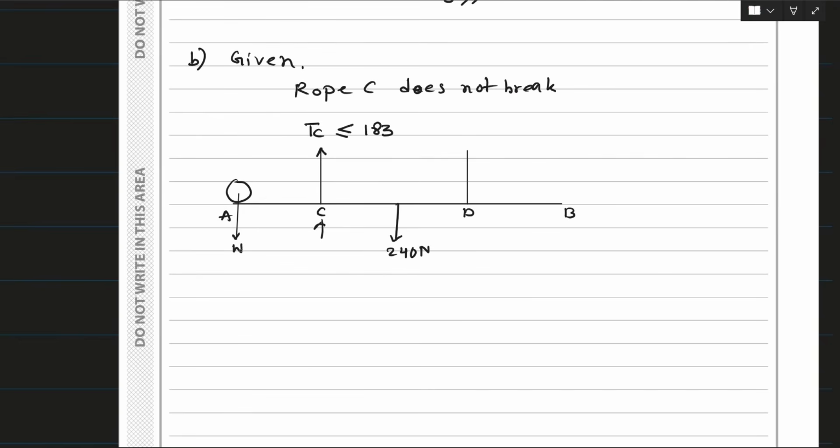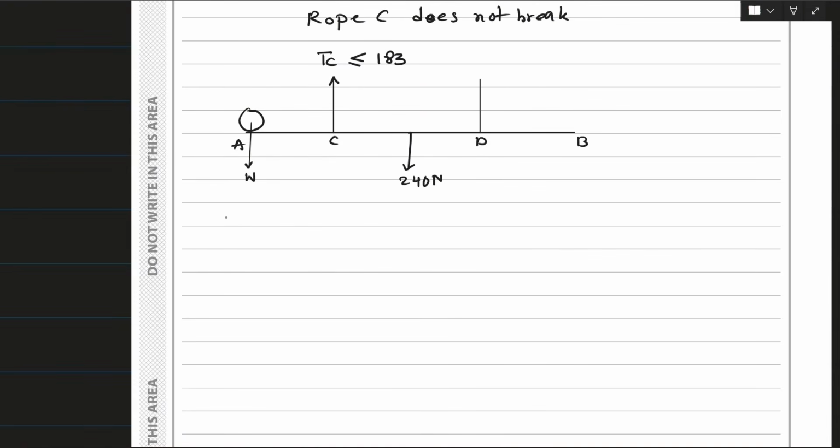We know that when the weight of the package is maximum, tension occurs at our point C. We know that for different weights, the tension at rope C and rope D will differ. But the greatest possible weight is the weight at which the tension at C is maximum.